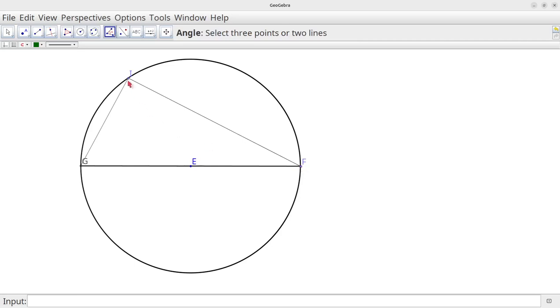Let's just measure this one. As you can see, that's 90 degrees, irrespective of where you are standing.